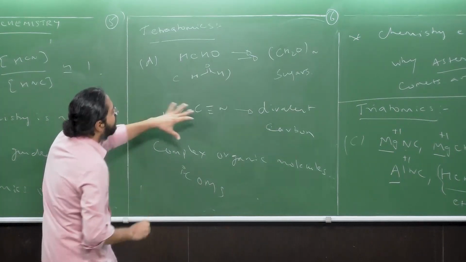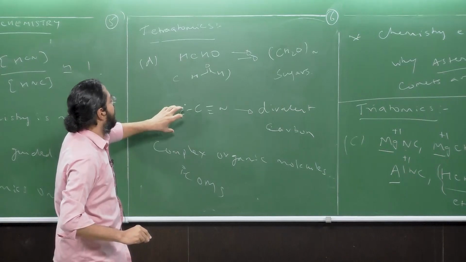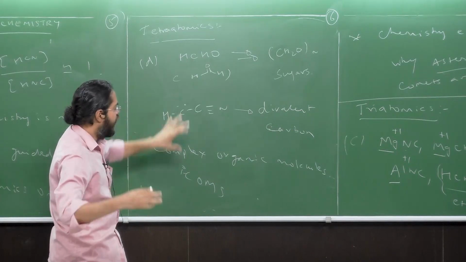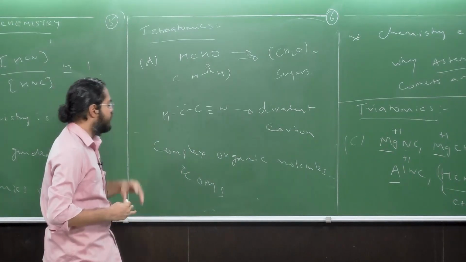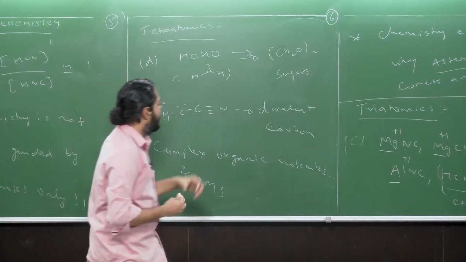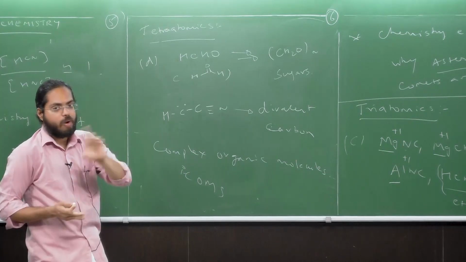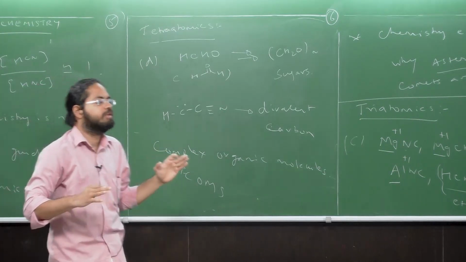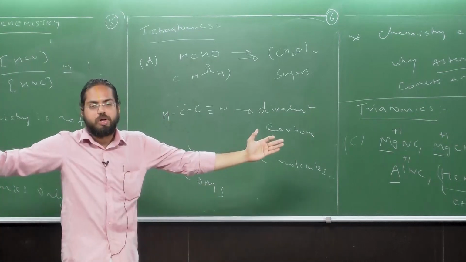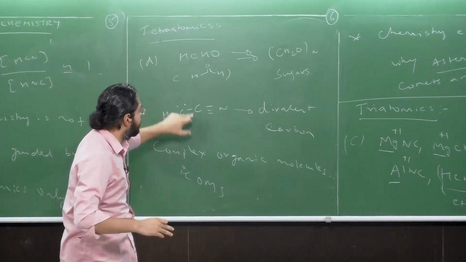Molecules containing 4 or more atoms and containing carbon are in general called interstellar complex organic molecules. They might contain like 4 or 5 atoms and more. And the complexity again is not due to the presence of a large number of atoms, but rather in the structure.